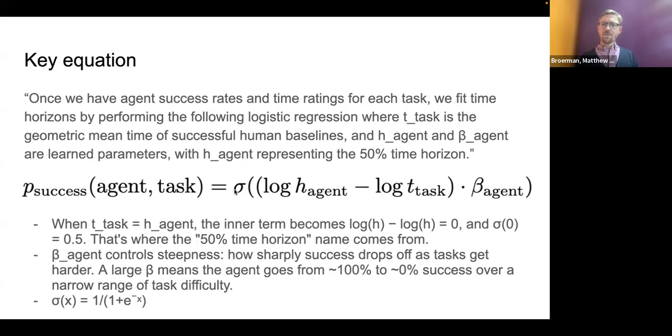The zero times anything is zero, and then the sigmoid of zero is 0.5. So that is when there's a 50% time horizon, right? Roughly speaking, this is a sort of intercept term, and this is a sort of slope term. Okay.